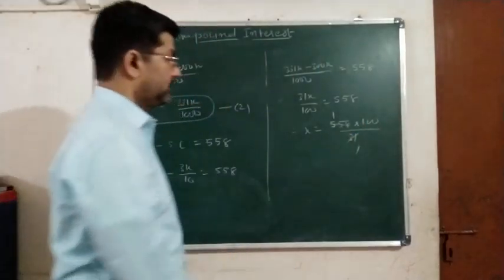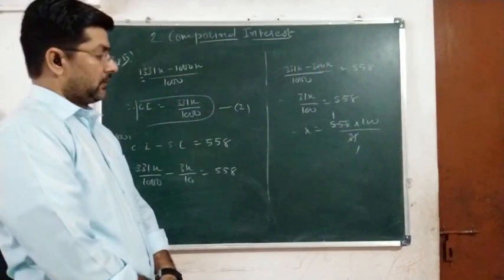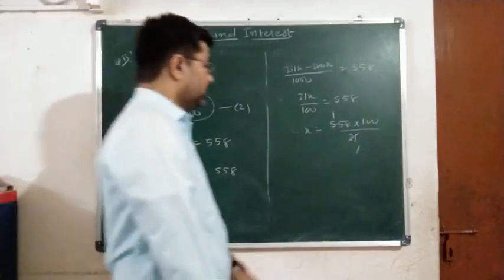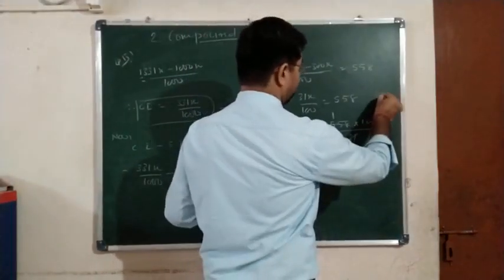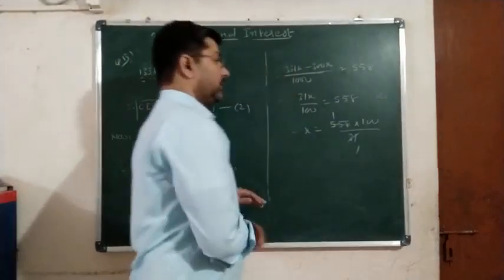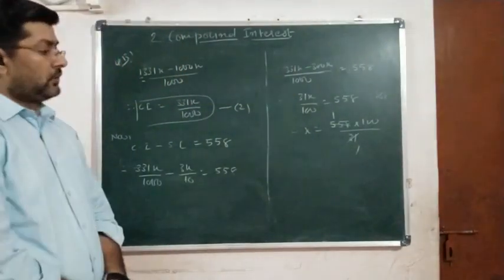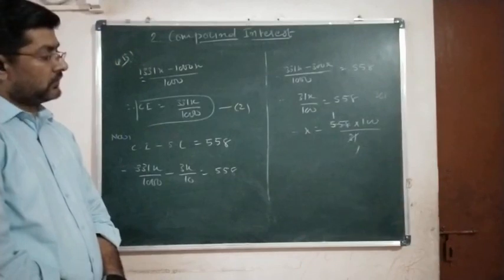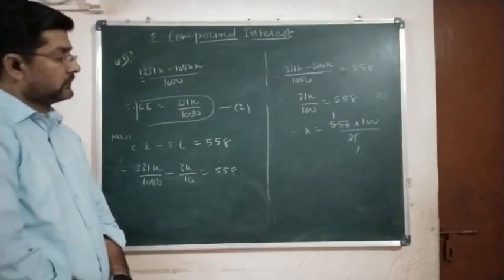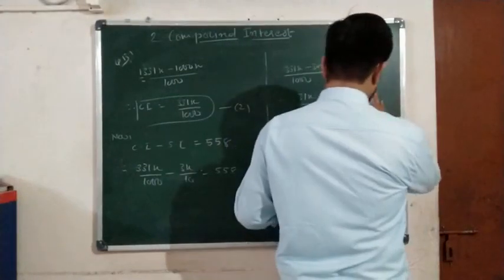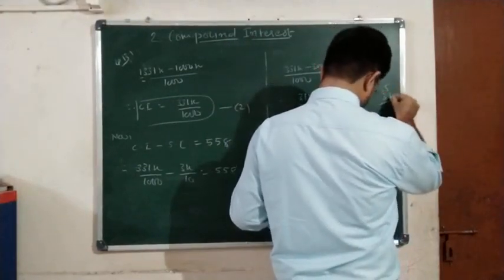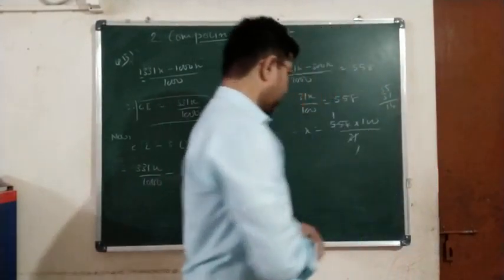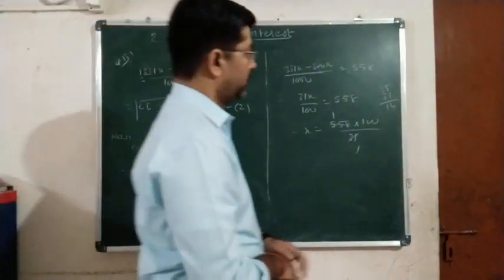31 1s are 31. Okay, so 25, so 26 is remainder. Okay, 31 8s, because 30 8s will be 240. Yes or no? 31 into 8 is 248. 14 remainder. 55 minus 31 is 24.